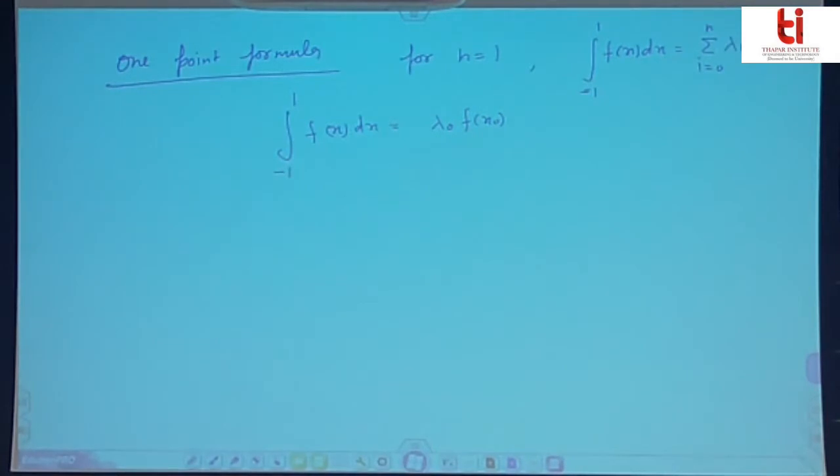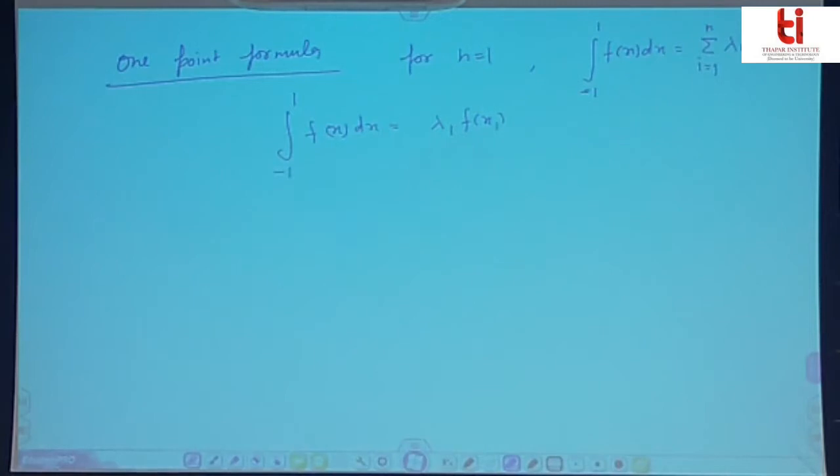Okay, so we are taking I equal to 0, only this. That we can make change here. Let us take I equal to 1 according to the previous formula. This is I equal to 1 to 1. So I should write here, this is lambda 1 f x1.